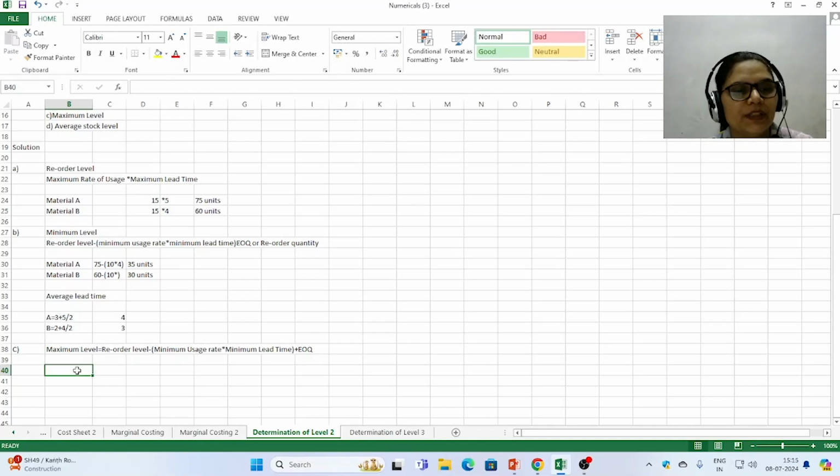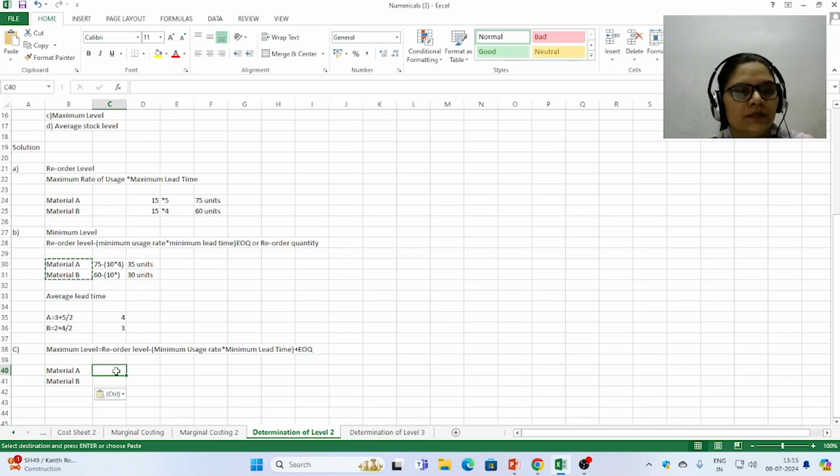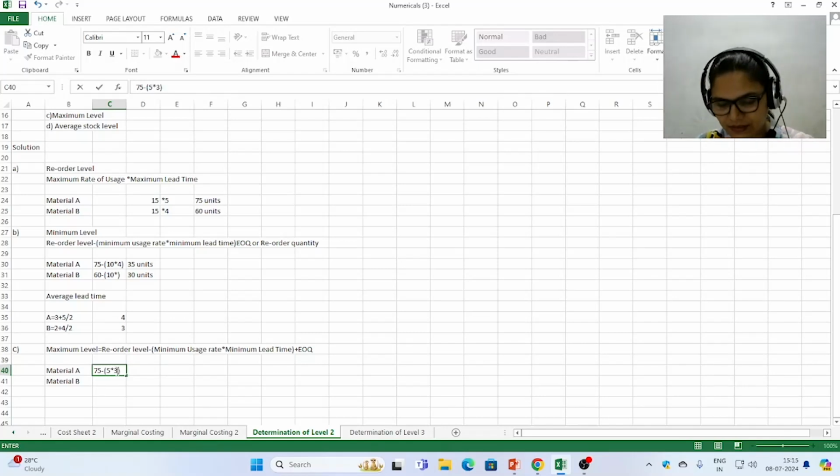So we calculate maximum level for material A and material B separately. For material A: 75 minus 5 into 3 plus 60 is equal to, which will give you 120 units.